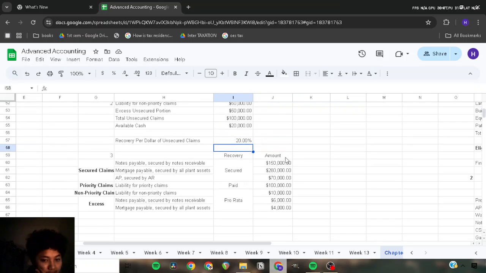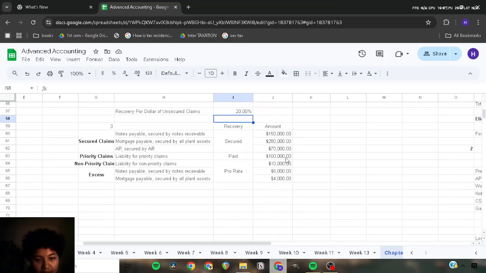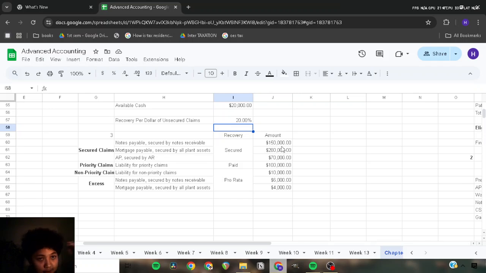And for number three, they want me to list the amount of recovery for each class. Starting off with the secured ones, this is basically just repeating from number one, and then we have the priority claims, also from number one, right? Then we have the rest.